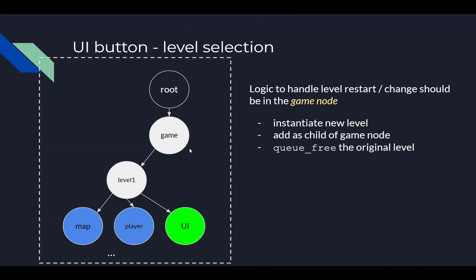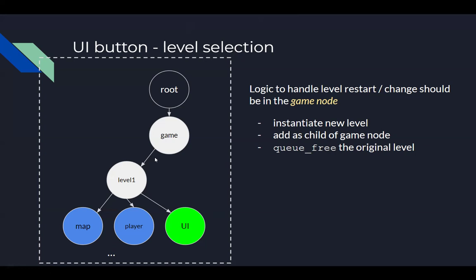Assume that it takes a long time to instantiate a new level here, right? There will be a period of time that this is being freed, and then the new level is still loading, right? Which is not what we want. So the proper approach is to add the new level first, make sure the new level has been added, then you queue_free the first level, so that there wouldn't be a small gap of time that the user is facing a blank screen.